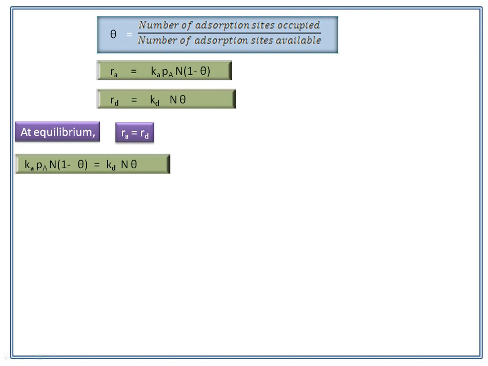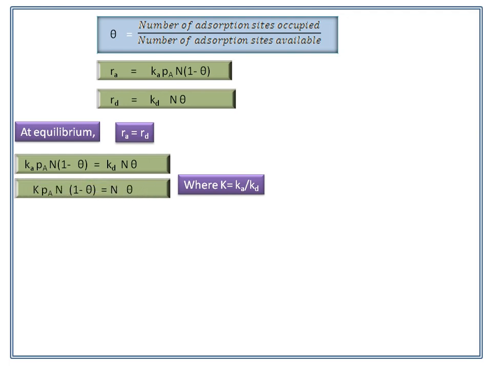By bringing this Kd to the left hand side, we have a new rate constant capital K, where K is equal to Ka divided by Kd. The equation becomes K into Pa into n into 1 minus theta is equal to n theta. We have a common n on both sides, so remove this n from the equation.